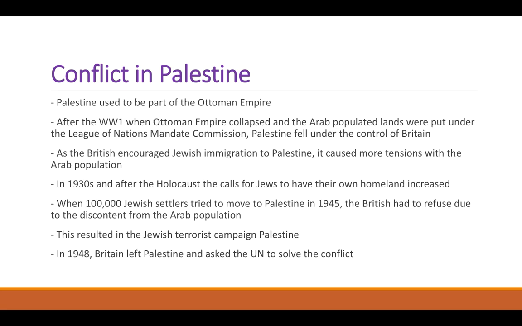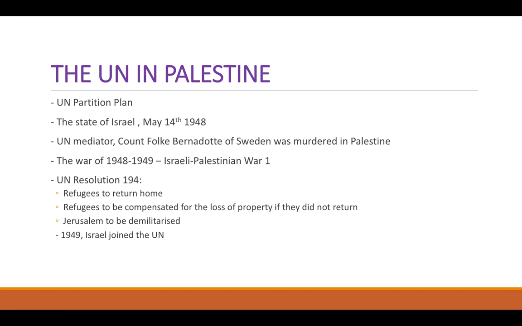In 1948, Britain left Palestine, and of course, they couldn't just leave the Arab and Jewish population of Palestine fighting against each other. They had to ask someone to intervene, and this was the UN. The UN was asked to solve the conflict left behind by the British. After being asked, the UN intervened in Palestinian affairs and came up with the partition plan.